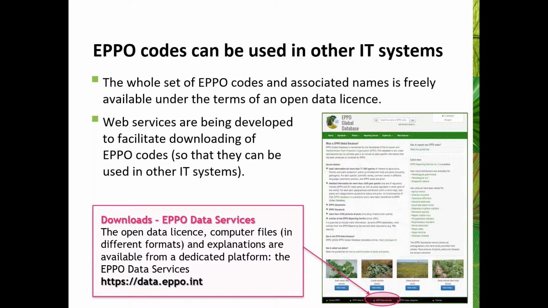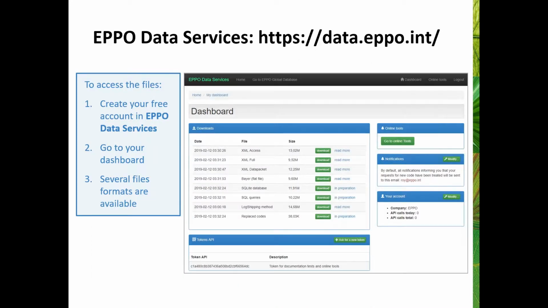So on this slide, you see where to find the core files of the EPPO codes. So just remember that you have to go to the EPPO Global Database and click at the bottom on EPPO data services if you want to download the codes.